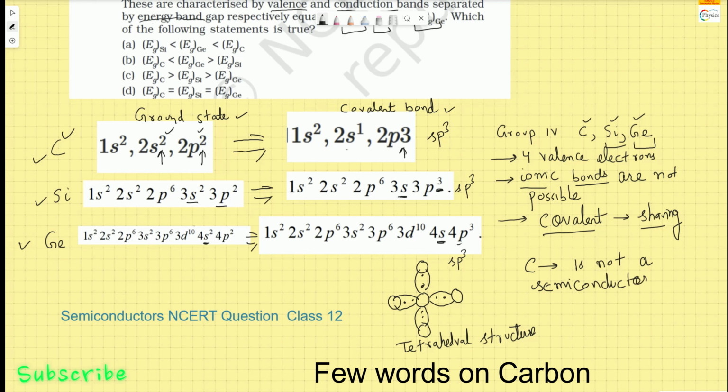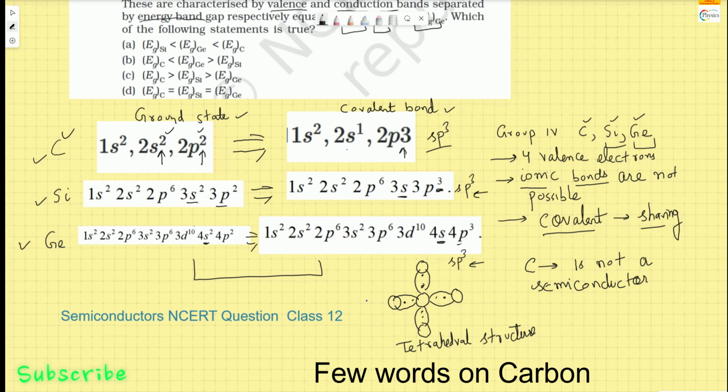Even if you're able to create covalent bonds for carbon, just like for silicon and germanium, to this point all of them look the same. If you just look at these two diagrams, even carbon appears to be a semiconductor because it is pretty similar in electronic configuration to silicon and germanium. It is also sp3. But don't be under the impression that carbon is a semiconductor. Carbon is still not a semiconductor.